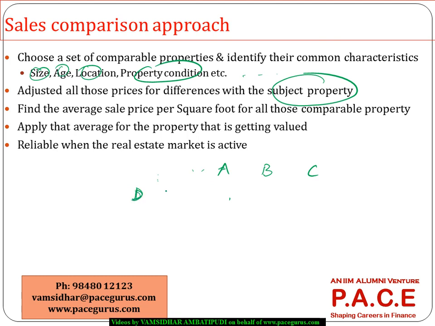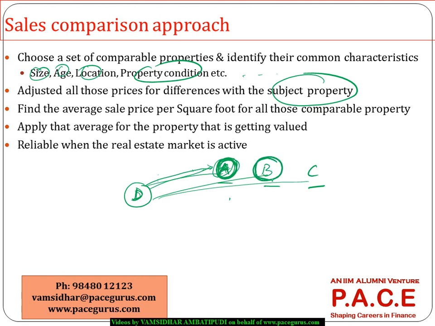There may be differences between D and A, D and B, and D and C. So what we will do is adjust A so that it is similar to D. The price could be more or less if A had similar properties as D. Find that out.